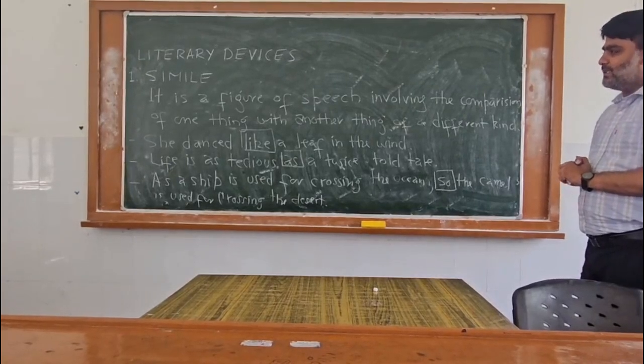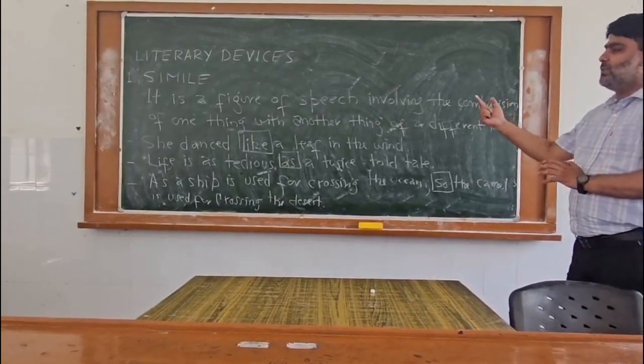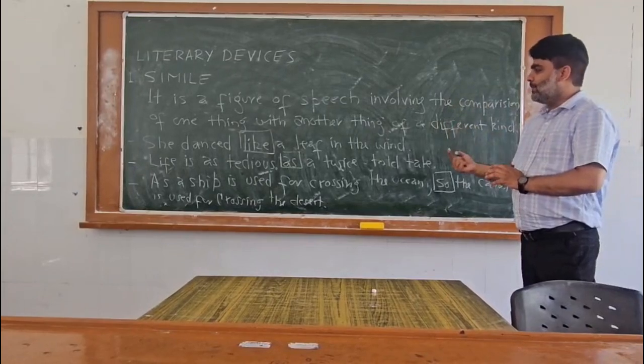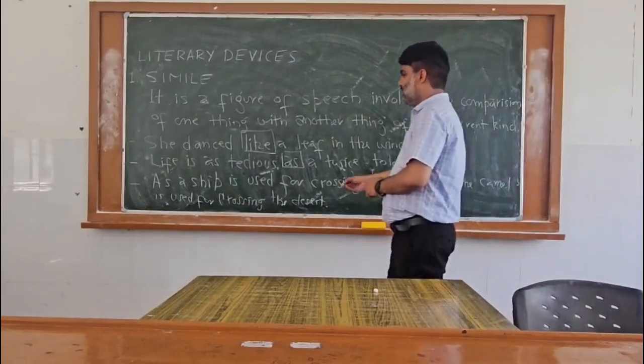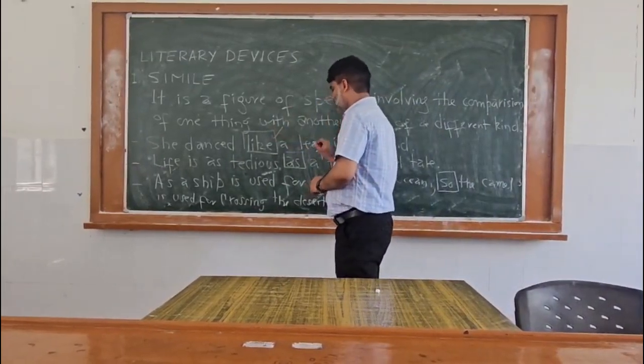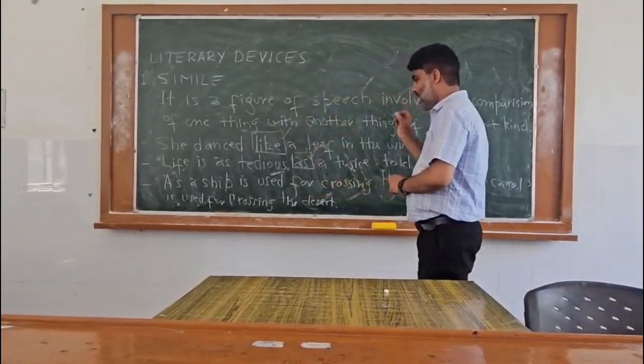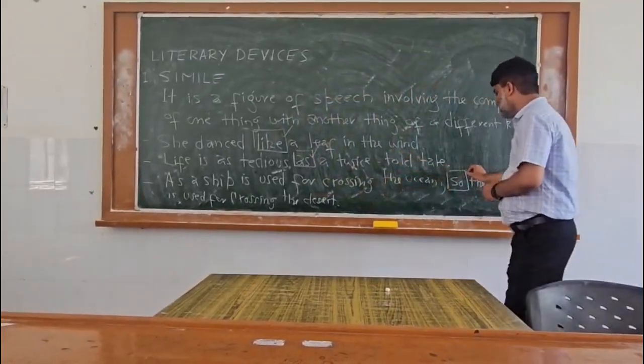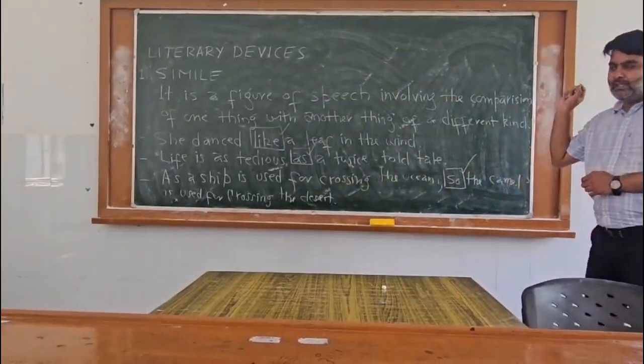I have tried to make it simpler by giving you 3 examples. In example number 1, we have made comparison using the word like. In example number 2, we have used the word as. And in example number 3, we have used the word so.